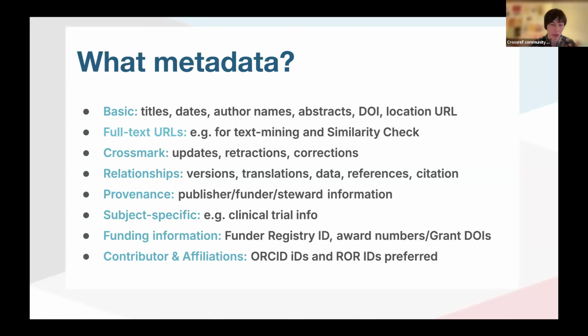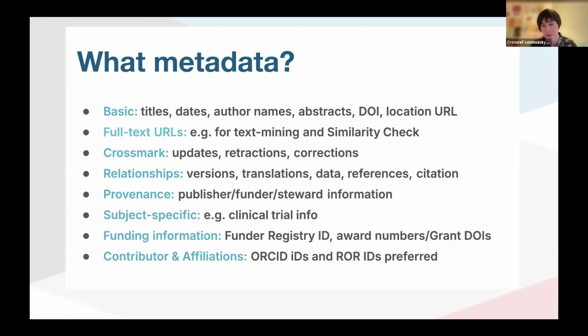We also have things related to provenance. So where does the metadata come from? Who is the publisher, funder, or steward of the information? And there is some subject-specific metadata, like the clinical trial information, that we also encourage you to include, should that be relevant for your publications. And funding information, including the funder registry IDs, and very soon also, or even instead of those, we will be accepting ROR IDs for funders.